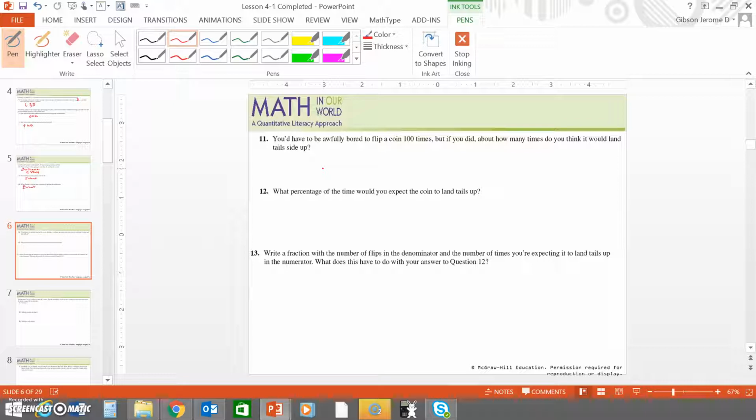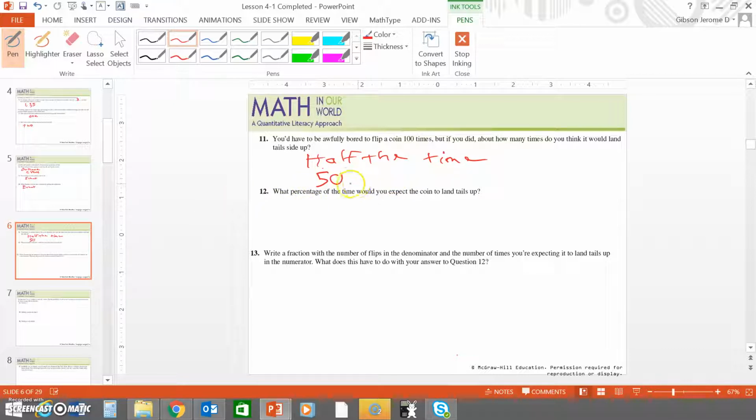It says you have to be awfully bored to flip a coin 100 times. But if you did, about how many times do you think it would land tails up? And if each outcome is equally likely to happen, since there's only 2 outcomes, it should be half the time, which is 50.